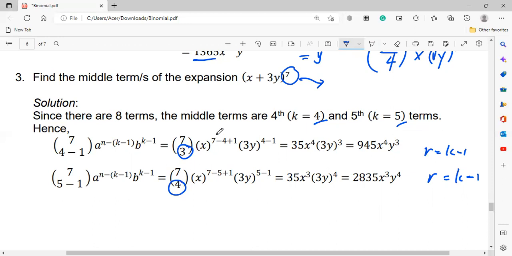And so, this can be written as x raised to 7 minus 3, y raised to 3. Kaya nakuha ang 4 and 3 dito. Okay? And 7 taken 3 is 35. 35 x raised to 4 times 3y raised to 3. Okay?